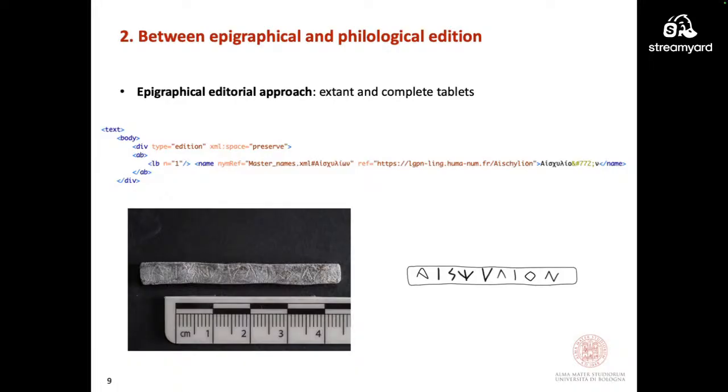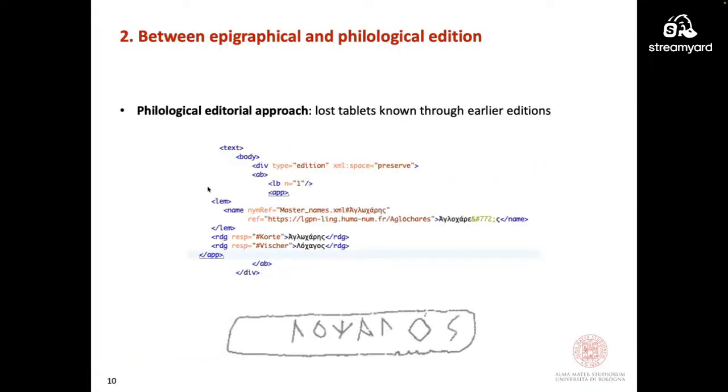But in other cases, as here, we have just different readings. So the first reading was Lochagos here, and we have a second reading which is Aglochares.